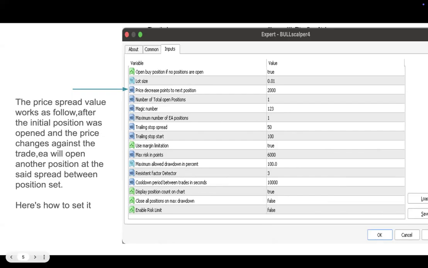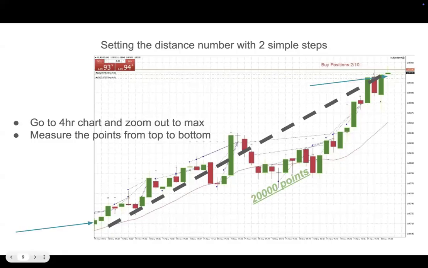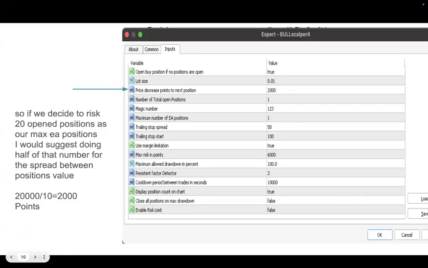This price value, let's say we were at the 4 hours and checked. We have now 20,000 points top to bottom, or range. It depends on the chart. So let's say we decided to have 20 open positions as the maximum of our strategy. I will divide this by half from the points that we measured and get the price decrease points.